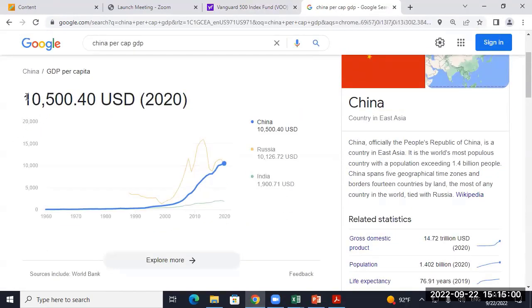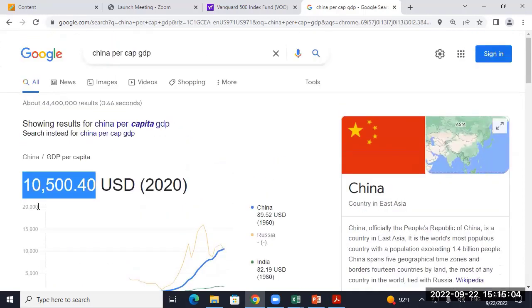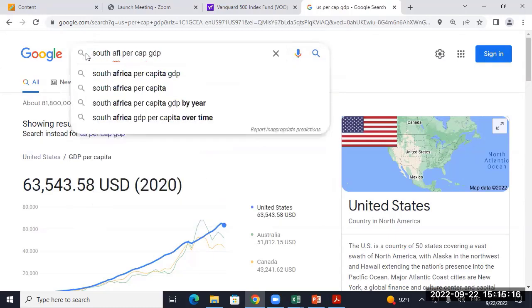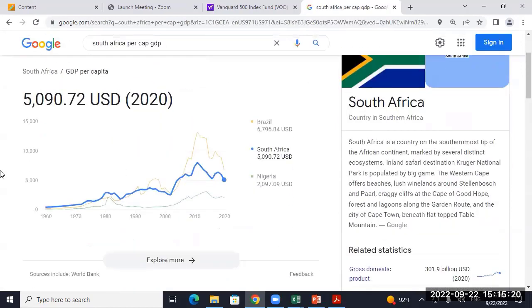They say 10,000. For 63,000. South Africa, 5,000. When you think about it, South Africa used to be much wealthier than China.